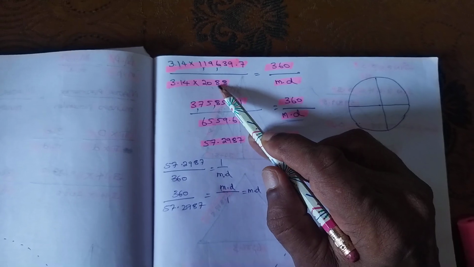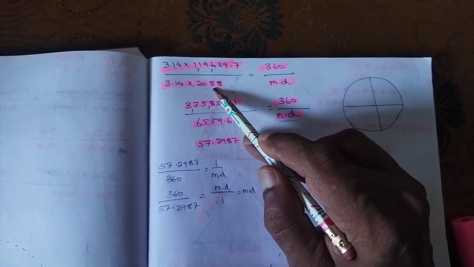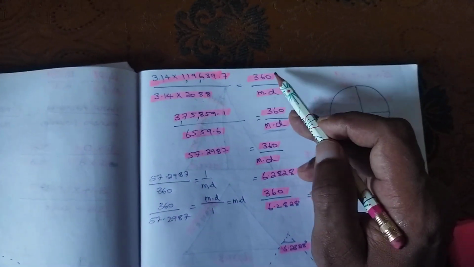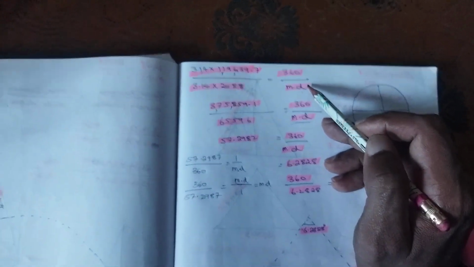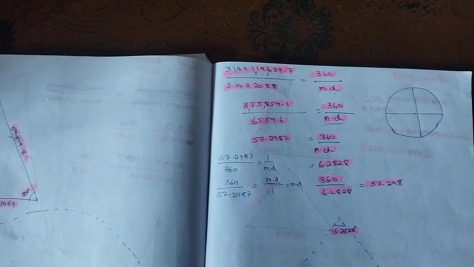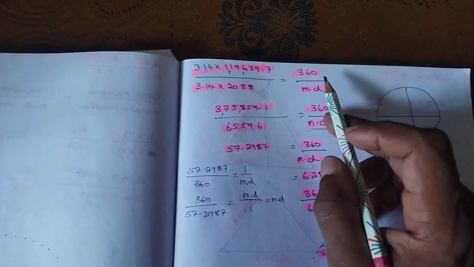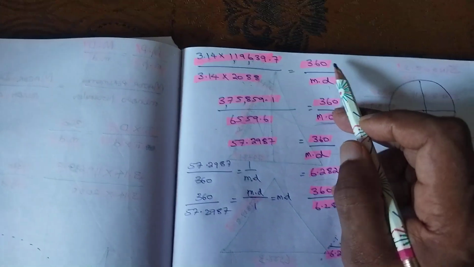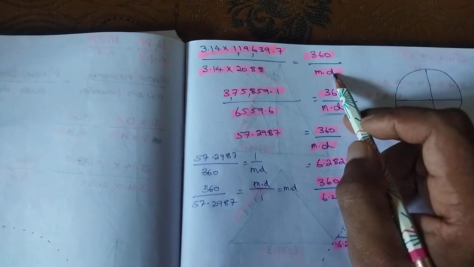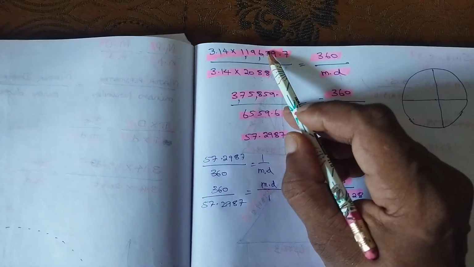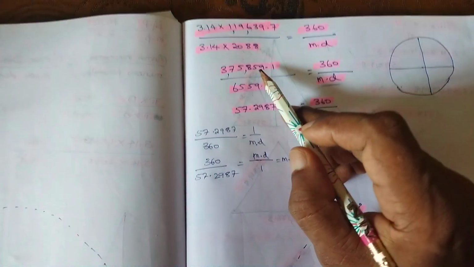Major perimeter divided by minor perimeter is equal to degree by degree, meaning major degree divided by minor degree. I have indicated and taught you all this in so many episodes, so I don't describe those. Major degree divided by minor degree also will be the same as major perimeter divided by minor perimeter.